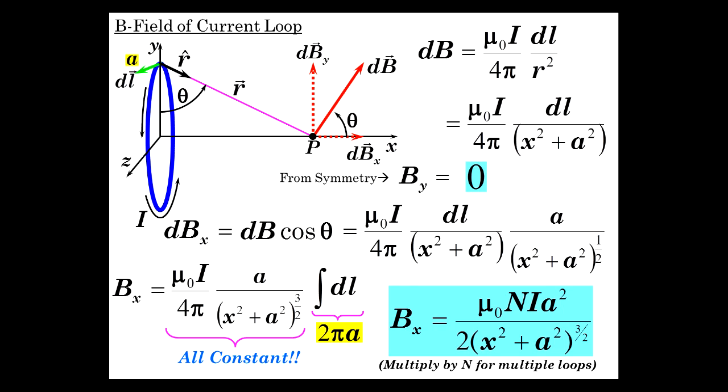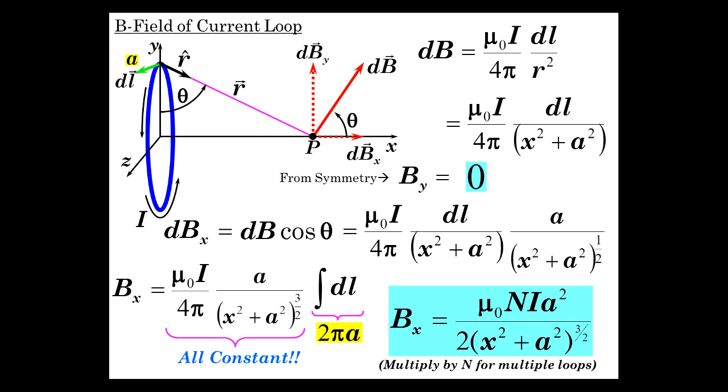So that gives us Bx equals mu 0 I a squared over 2, times the quantity x squared plus a squared to the 3 halves, because we have this a and this a, and the 2 pi makes pi go away and makes 4 into a 2. And we multiply it by N because we have N loops.